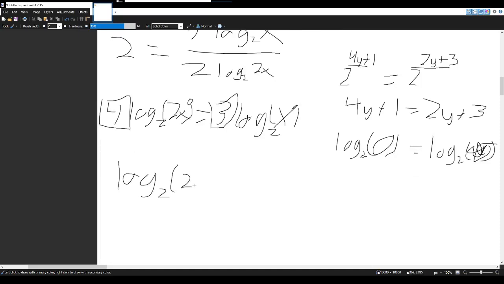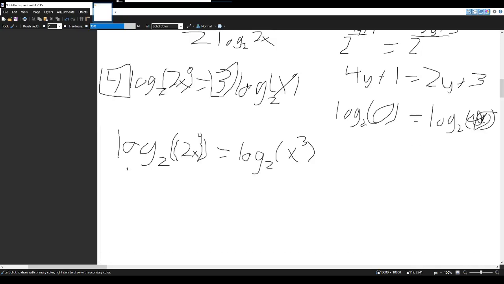So we're going to have 2x, parentheses and parentheses here, but all of that to the 4th power. And get rid of that coefficient. And then we're going to do the same thing on this side, but we don't need the nested parentheses. The 3rd power.